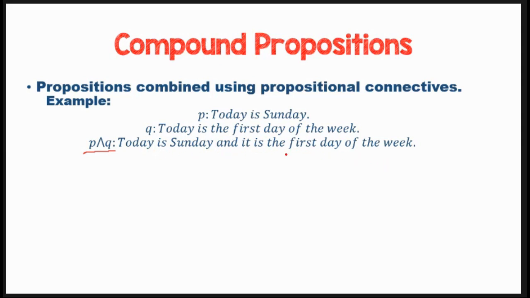So this is a compound proposition because we combined the two propositions P and Q using the conjunction operation. Okay, nabanggit ko na yung conjunction. Mamaya, i-explain natin kung ano yung conjunction, disjunction, negation, implication, and the last one, yung double arrows, biconditional. Alright, let's have another example.